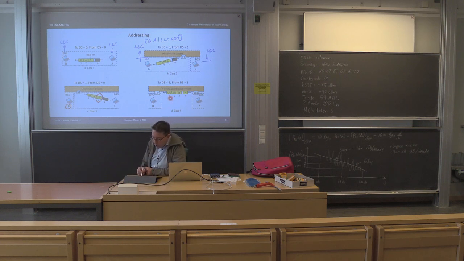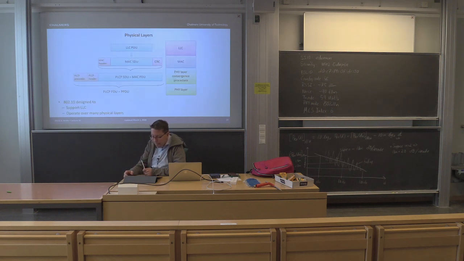Anyways, in this case, we need 4 addresses. We need the receiving access point, the transmitting access point, but the frame which is transmitted here comes from a station A and should be delivered to station B. So that's why we need 4 addresses in this case. Any questions on this? You just look at it and after a while it makes sense.